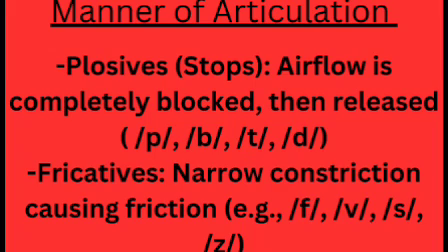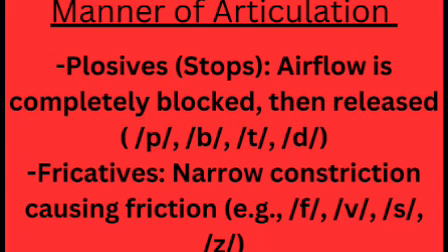Notice the noise in the production, because airflow is coming out from a very narrow passage, and as such there is noisy production of sound. And so we have f as in fight, future. We have v as in violin, very, vulgar.